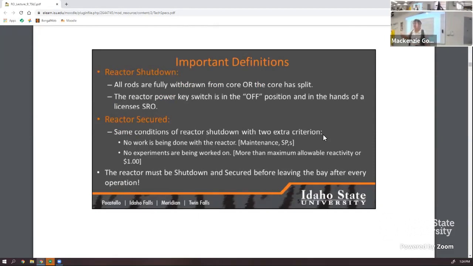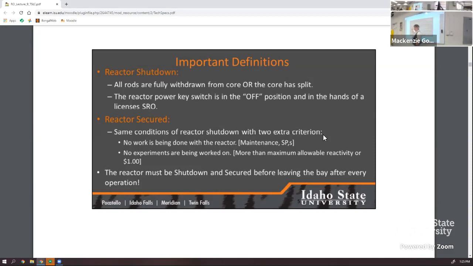So not only do you have to have the rods out and have stopped our physical reactor from being on, you also have to have the console off, and an SRO has to have that key. Not an RO, can't be lost. The SRO has to have possession of it.